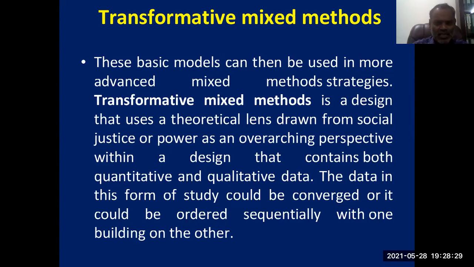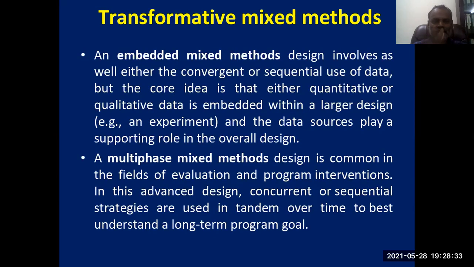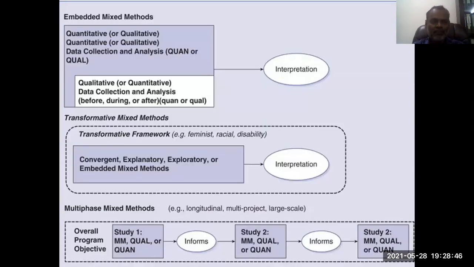You are using this as a theoretical perspective, then this is embodied with the data, and then using it in evaluative kind of research. So when you are looking at the diagram here, the embodied mixed method, sometimes you are going with the quantitative, or qualitative data.